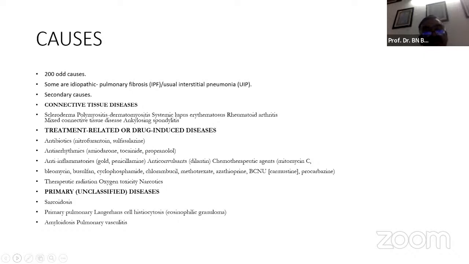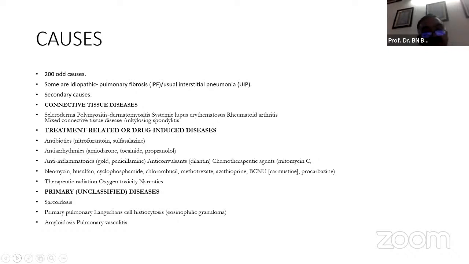Connective tissue disorders constitute a large number of these cases: scleroderma, polymyositis, dermatomyositis, systemic lupus erythematosus, rheumatoid arthritis, mixed connective tissue disease, ankylosing spondylitis. They all cause excessive deposition of collagen in the interstitium. They can also involve the small airways, they can have bronchiolitis, and consequently you have scar formation in these structures, and they have interstitial fibrosis.